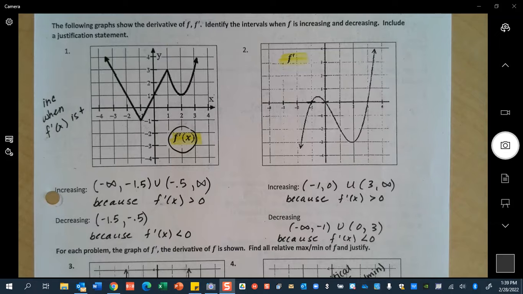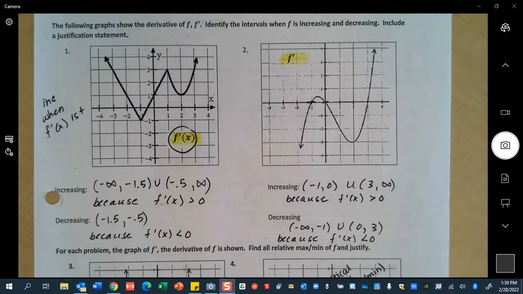And typically that happens when you say the word because. If you add the word because to your justifications, you will naturally propel yourself into a more in-depth understanding of why. My graph is increasing because from negative infinity up to, and I said, negative 1.5.